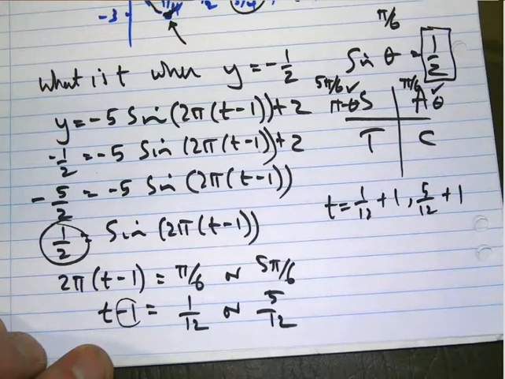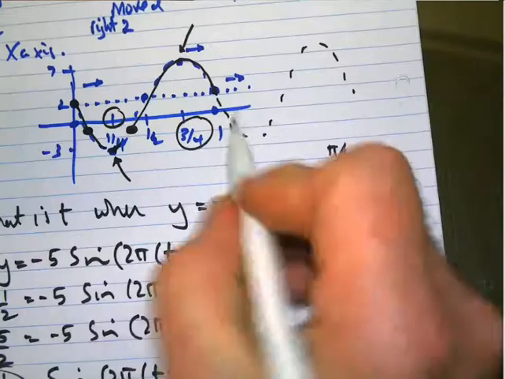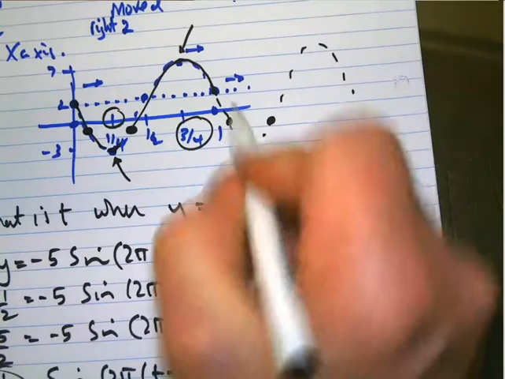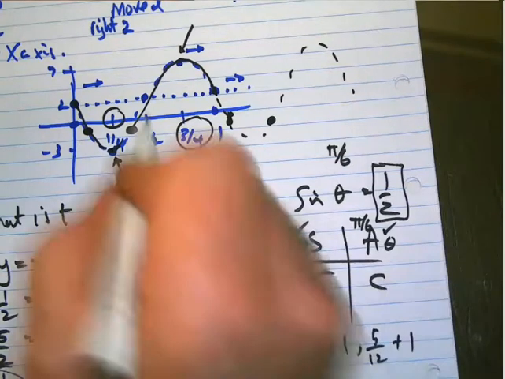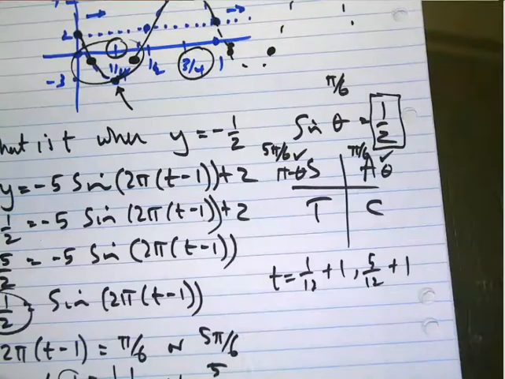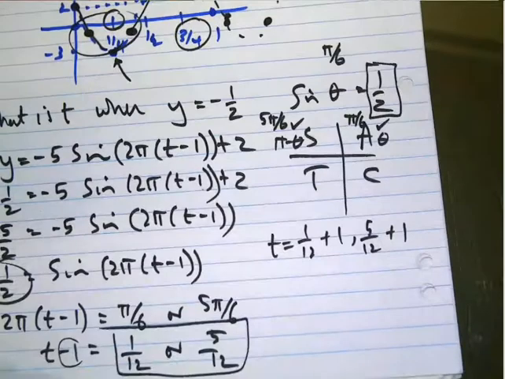Now, because I have a period of 1, those two answers will be over here and over here at 1/12 plus 1 or 13/12 and 5/12 plus 1 or 17/12. But back in here where I want my answers, it's going to be 1/12 and 5/12.